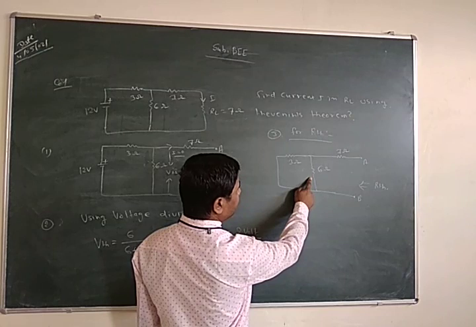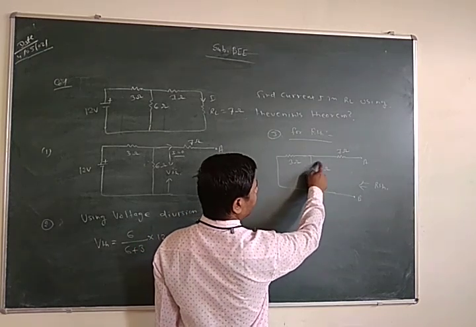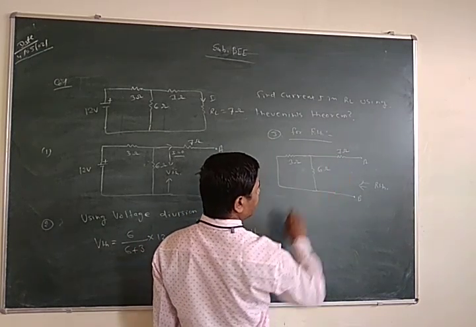These two branches are in parallel, and after that it is in series with 7 ohm.